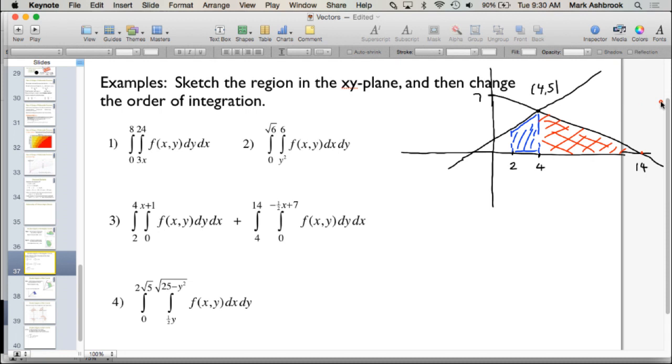So now we want to change this to type 2, which is going to go left to right and then bottom to top. So what do we notice about that? So the boundary of this whole region is like this.